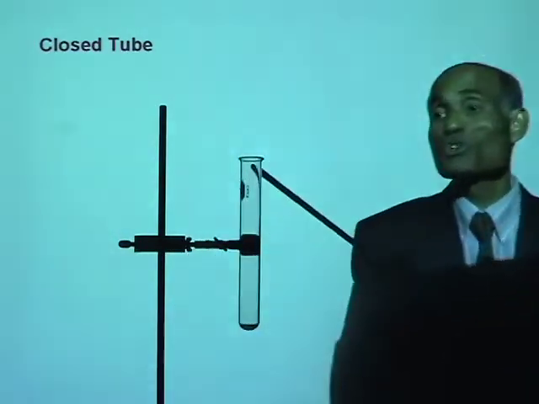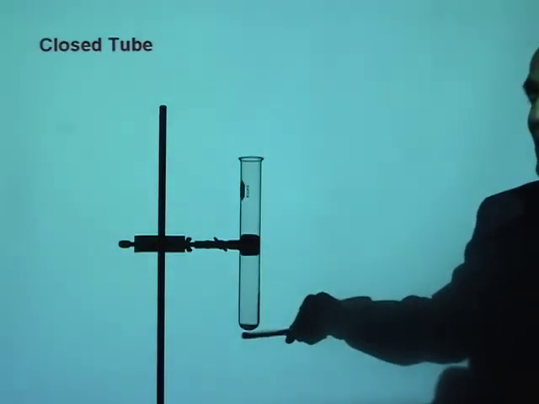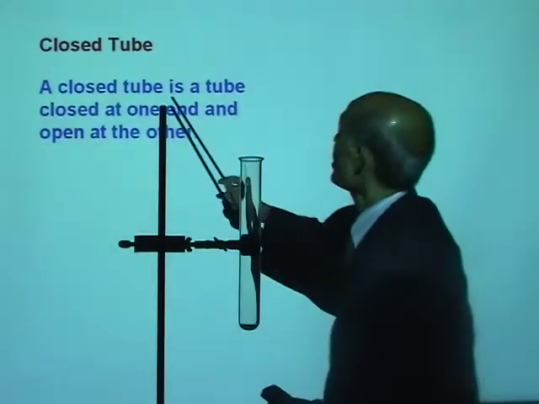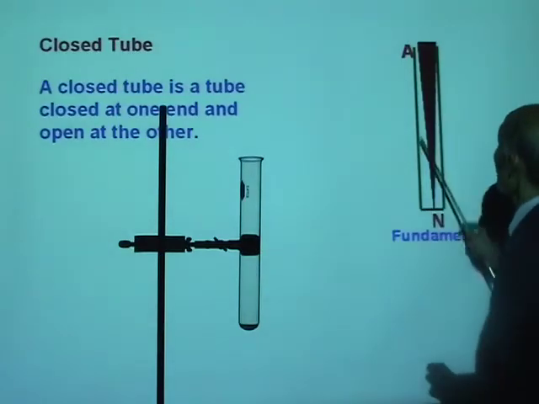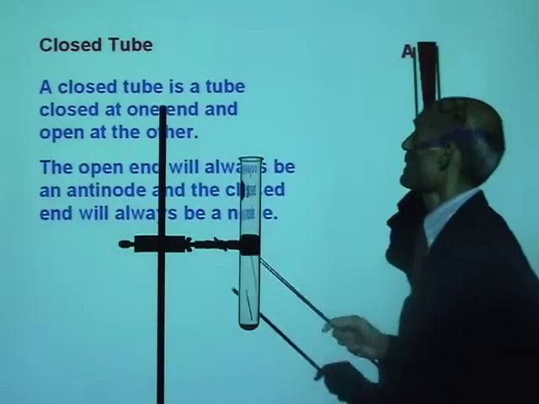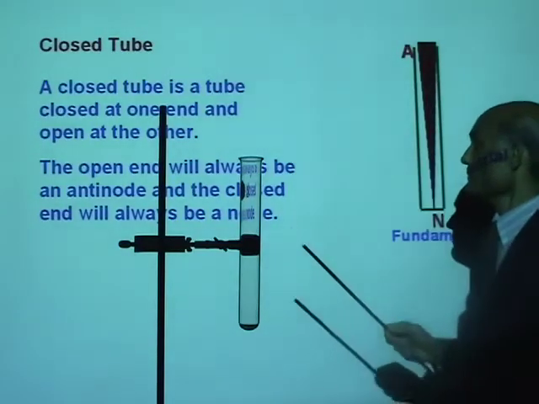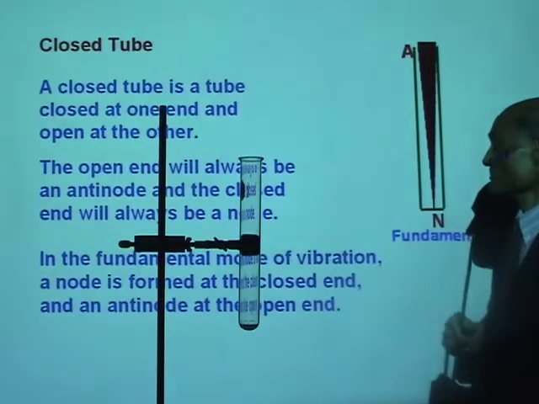Now a closed tube is something like this. A closed tube is closed at one end and open at the other end. The open end will always be an antinode, and the closed end will be a node.